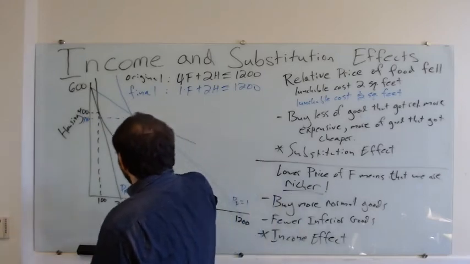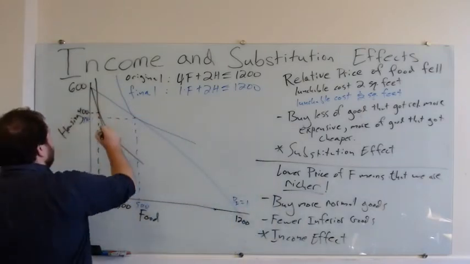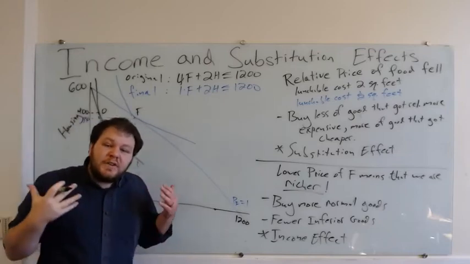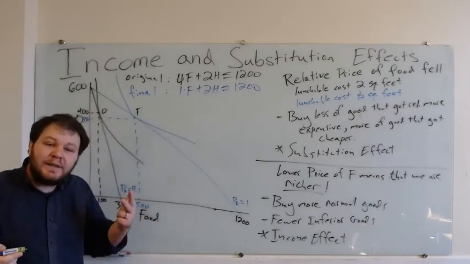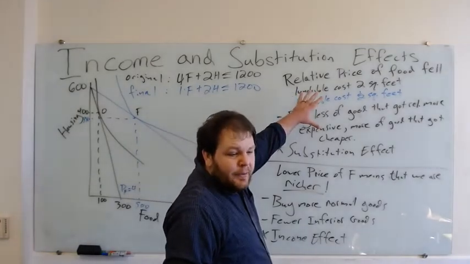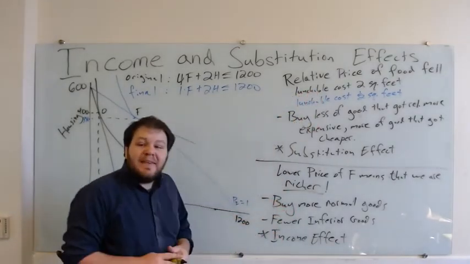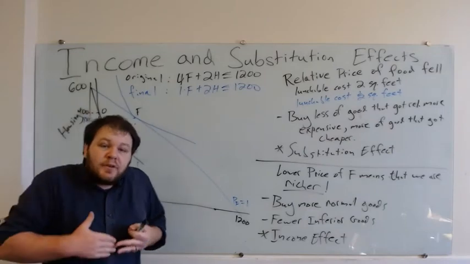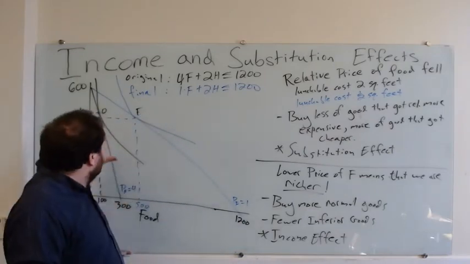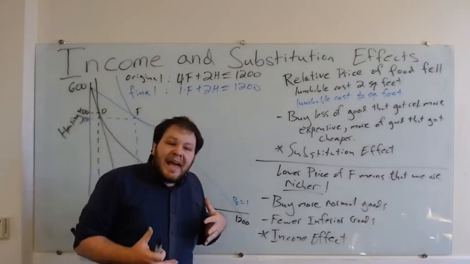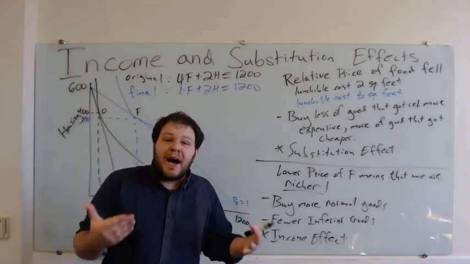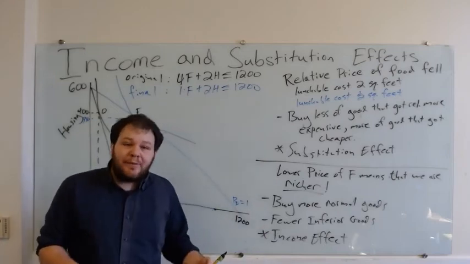Right? So when we see this change from our original choice to our final choice, that's the consequence of two things happening at once. One being that the price of food went down, but the other being that we got richer. And so the goal of today is to figure out when we can distinguish one of these effects from the other, and how to analyze these two effects separately so that we can learn as much as possible from what we know about people's preferences.